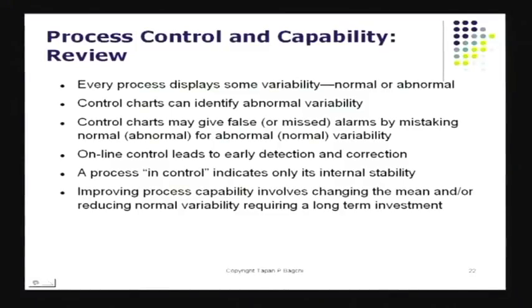In order for us to get an assessment of the capability of the process, that is how good the process is in meeting customer requirements, we have to come up with an index that is called process capability. And there are a couple of ways to measure that. One is, of course, you worry just about the spread of the process. You don't worry about the centrality of the process.